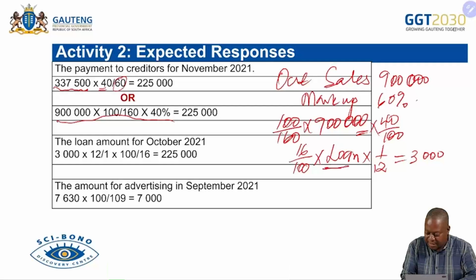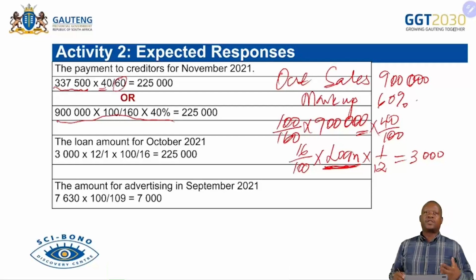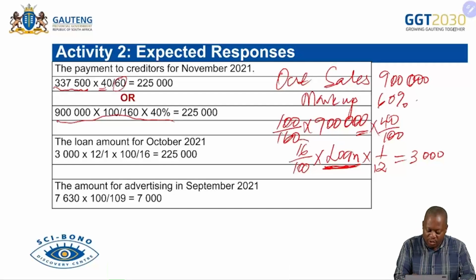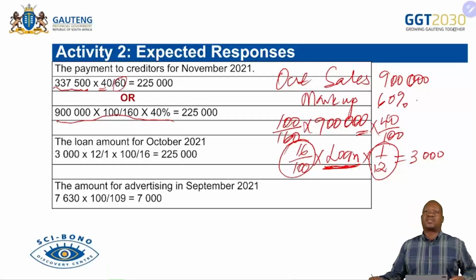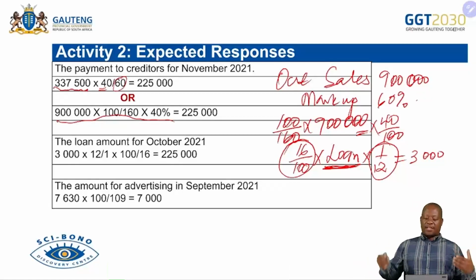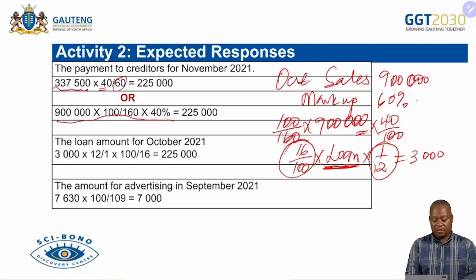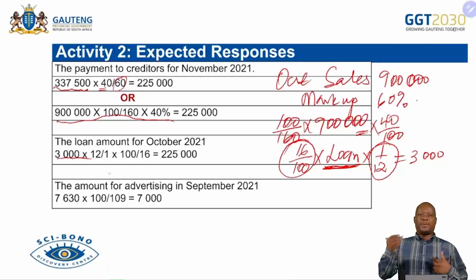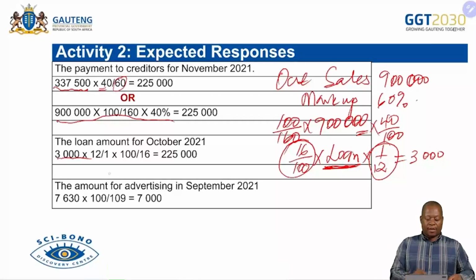So what does that mean? The missing amount is the loan. If we want to find the loan amount, we take 16 over 100 and 1 over 12 to the other side of the equal sign, where they join 3,000. It's going to be 3,000 times 12 over 1, because the 1 over 12 goes upside down, somersaults.